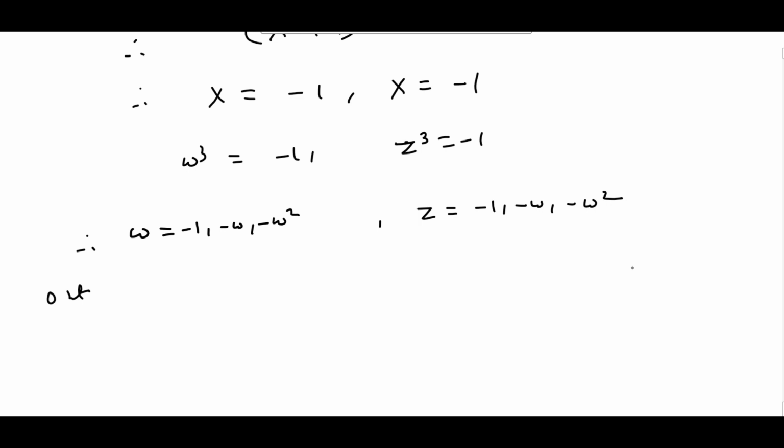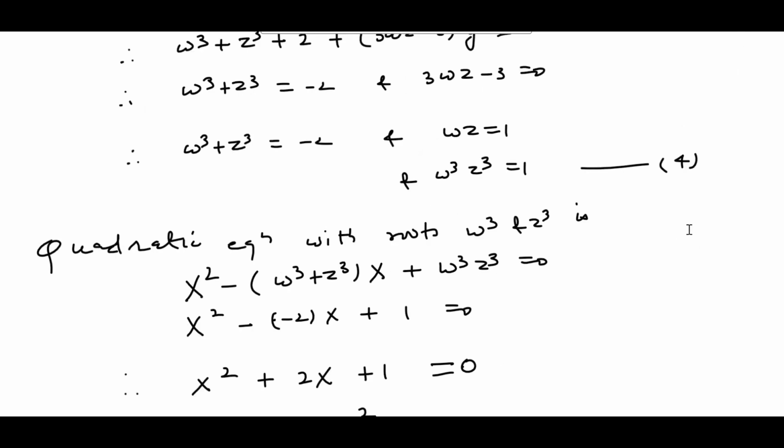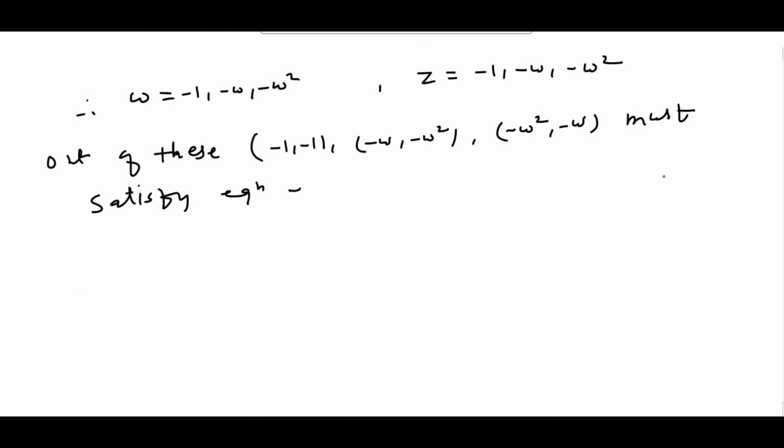So out of these, the pairs negative 1 and negative 1, negative omega square and negative omega, and negative omega and negative omega square must satisfy equation 4.